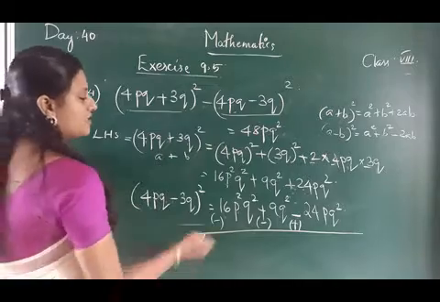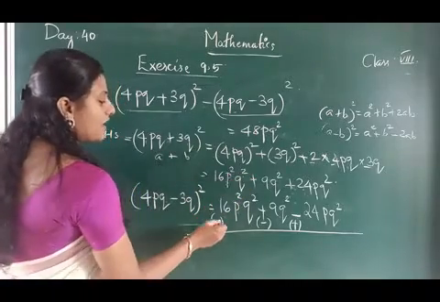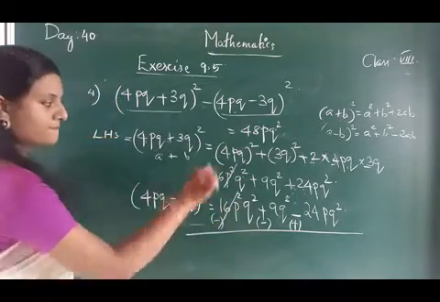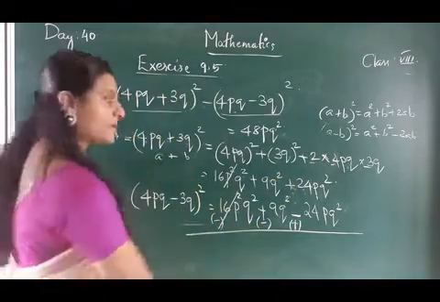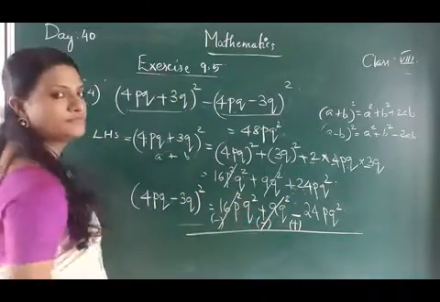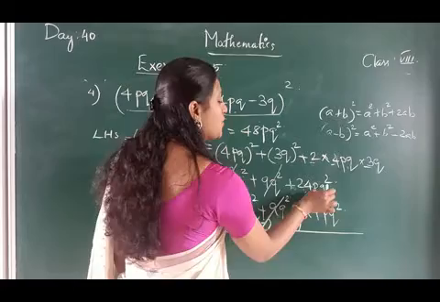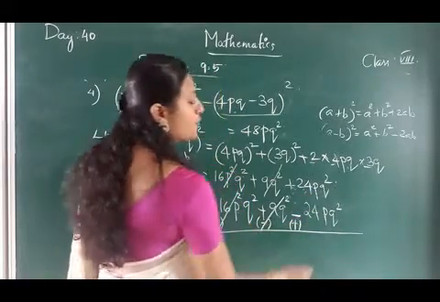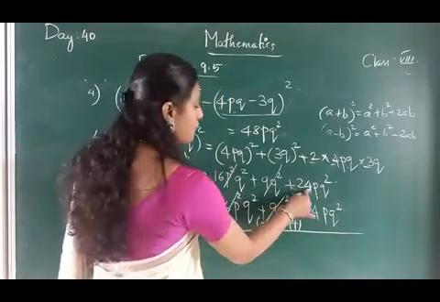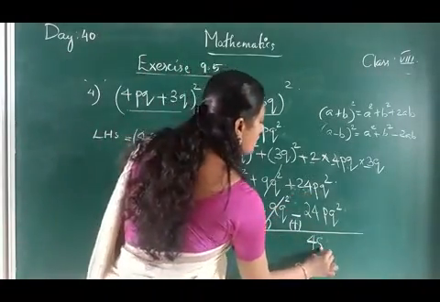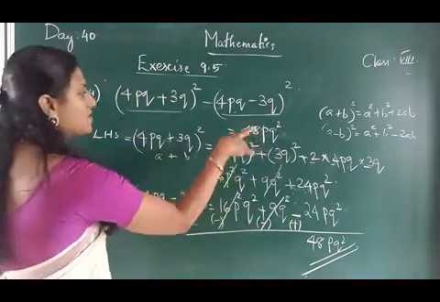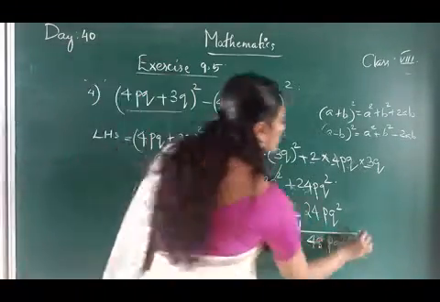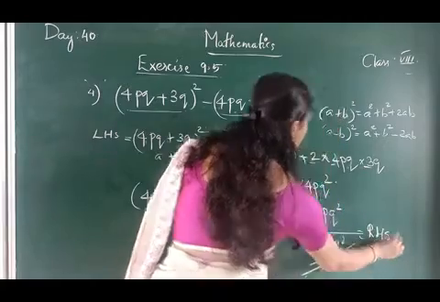Okay, next 16p square q square minus 16p square q square cancels. 9q square minus 9q square cancel. Then 24pq square plus 24pq square, and 24 plus 24 is 48pq square, and that is your RHS.